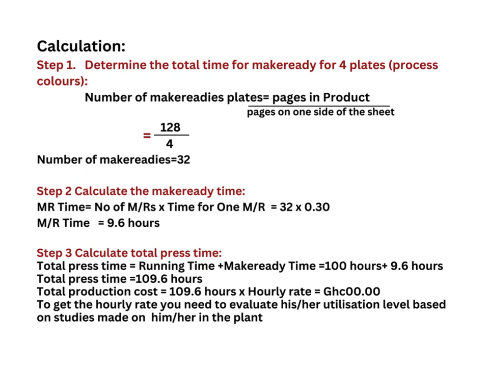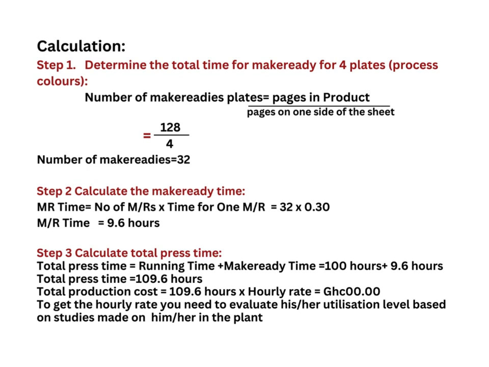You also need to factor in his other skills and his salary, and the times you go on vacation. All those things are calculated as part of the cost that we need to assign to the work that he does. More importantly, once he works on a particular machine, like a Speedmaster or a bindery equipment, whatever it is, you need to create a cost center for the person and all related costs, direct and indirect costs, overhead charges, and all those things assigned to the machine.